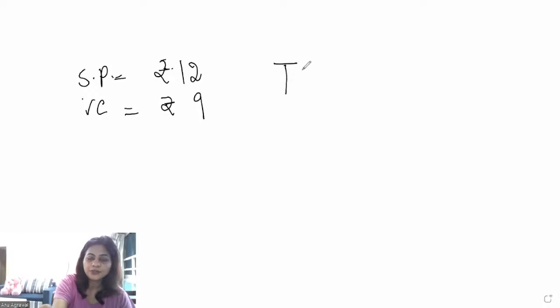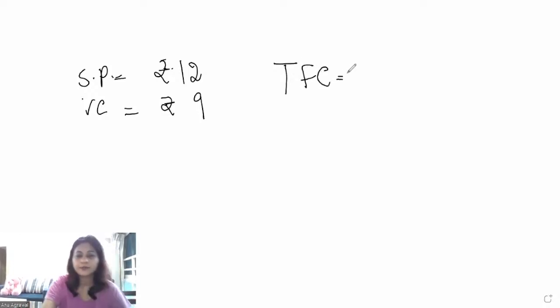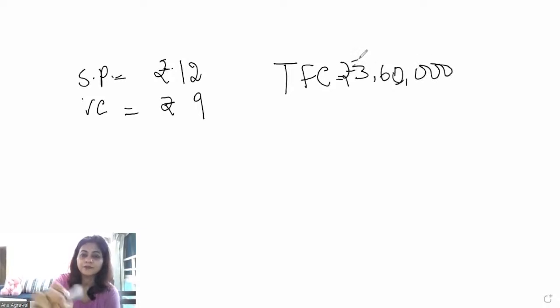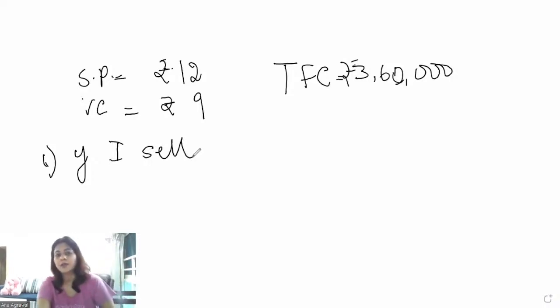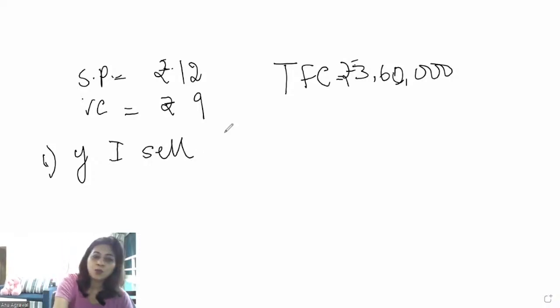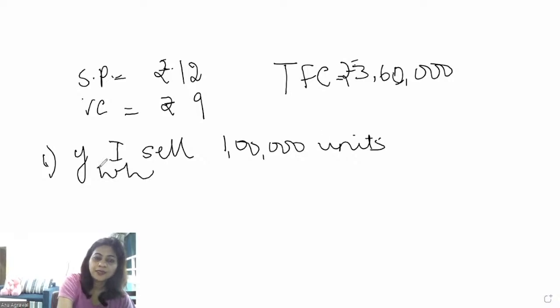If my total fixed cost is 3 lakh, can you tell me, question 1, if I sell 1 lakh units, what profit do I get?